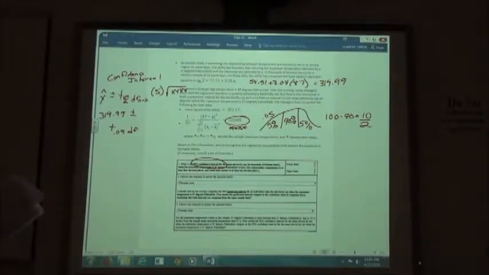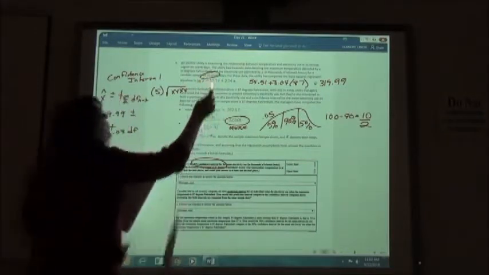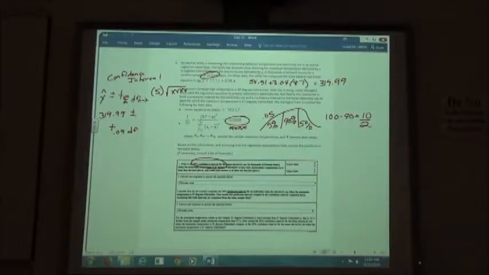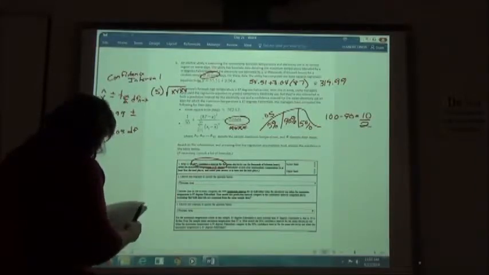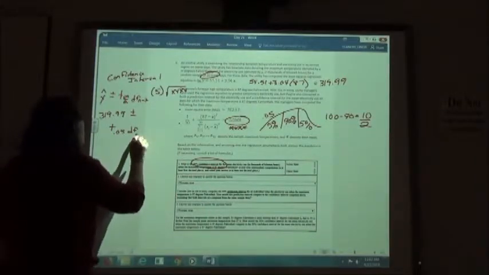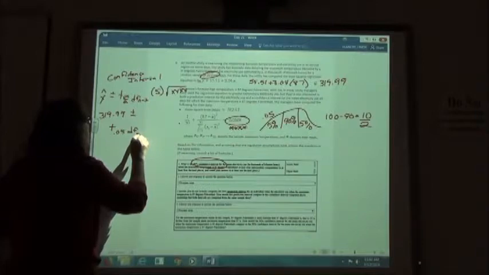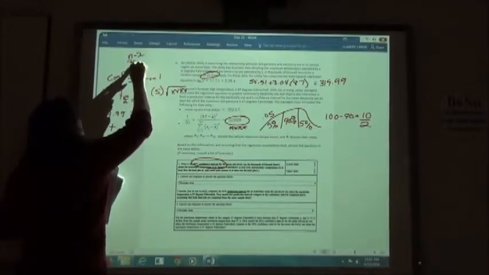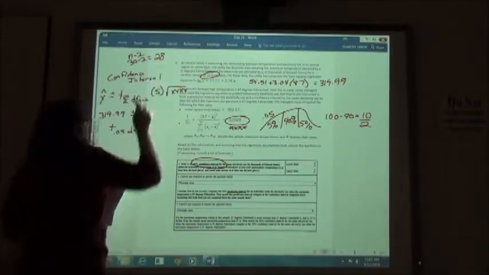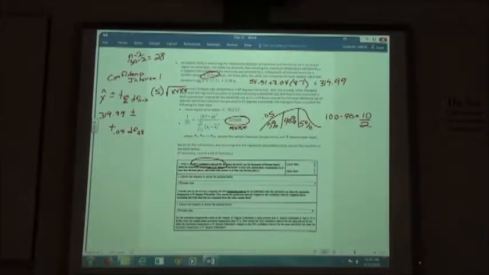We did a random sample for 30 warm days, so 30 is my n value. 30 minus 2 gives me 28. You could put 30 minus 2, but I'm just going to put the 28.